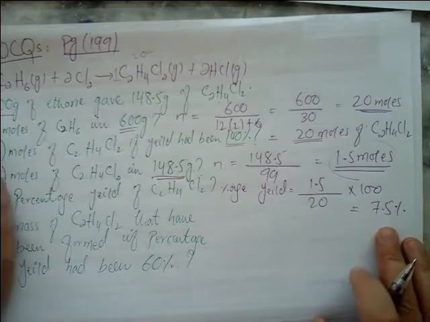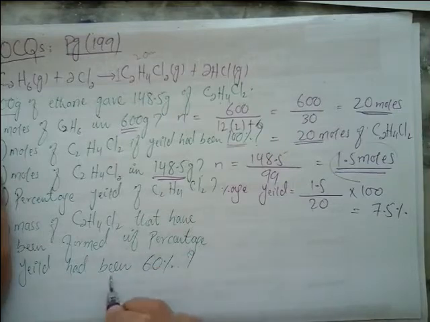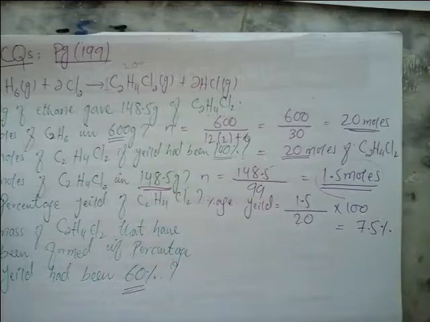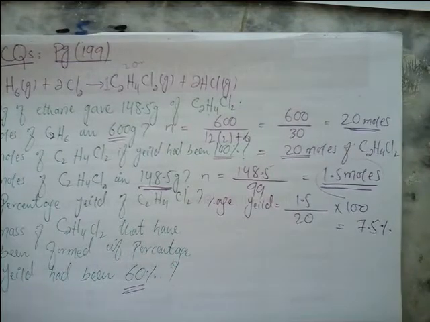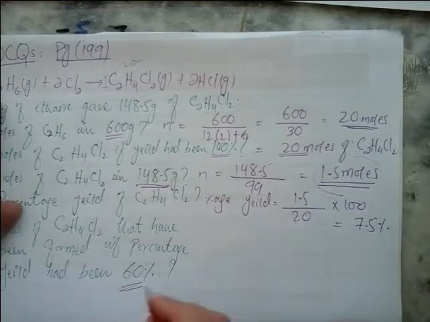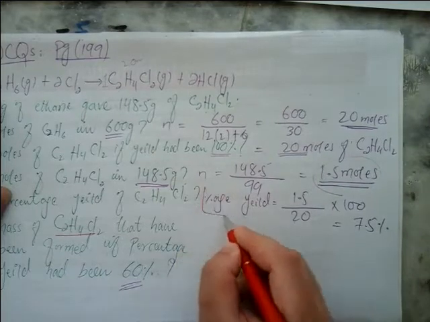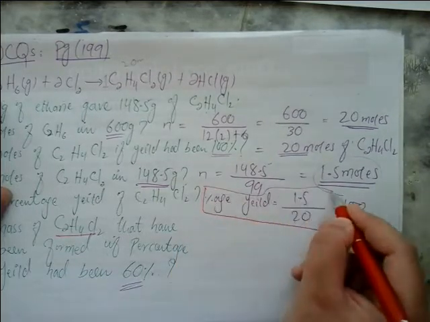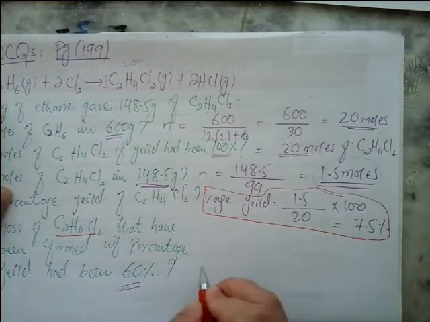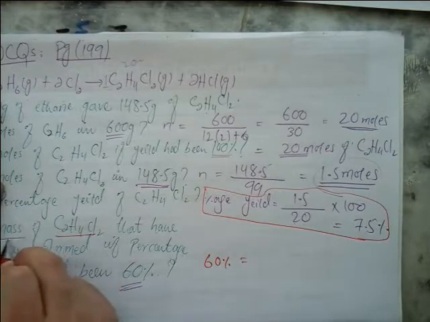Next question: what mass of chloroethane would be formed if the percentage yield had been 60%? What will we do? We will find, if the percentage is 60%, what will be the mass of chloroethane? So definitely we can manipulate this formula. The percentage is 60%, and we have to find the mass.